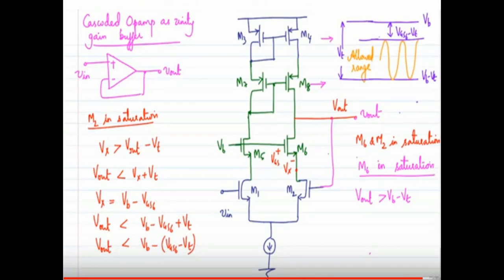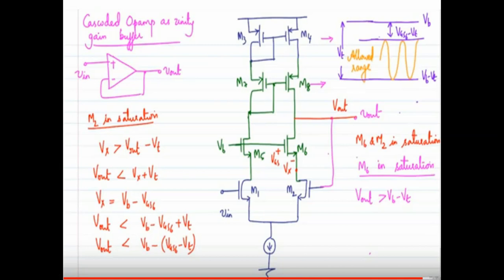The allowable range is less than one Vt. So the allowed output voltage swing is only between Vb minus VGS6 minus Vt and Vb minus Vt.